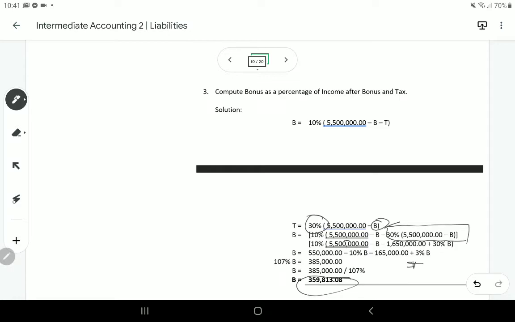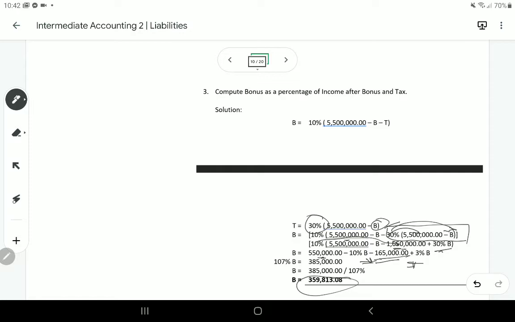Okay? So, 550,000 minus 10% B minus 165,000. Saan to nakuha ang 165,000? That is 30% of 10% of 1,650,000. Diyan. Okay? Then this 1,650,000, kinuha yan siya dyan. Okay? Then this positive 30%, kinuha yan siya dyan. Diba? So, simplification, naging ganito na.